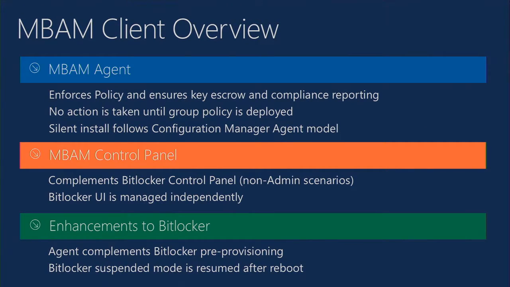We still have our MBAM control panel. The main reason for that control panel to exist is because for Windows 7, there's some functionality that only admin users could do, like reset your PIN. And we got people asking, well, as an IT admin, I want to give that option to non-admin users if I choose to. So that's still done through the control panel.